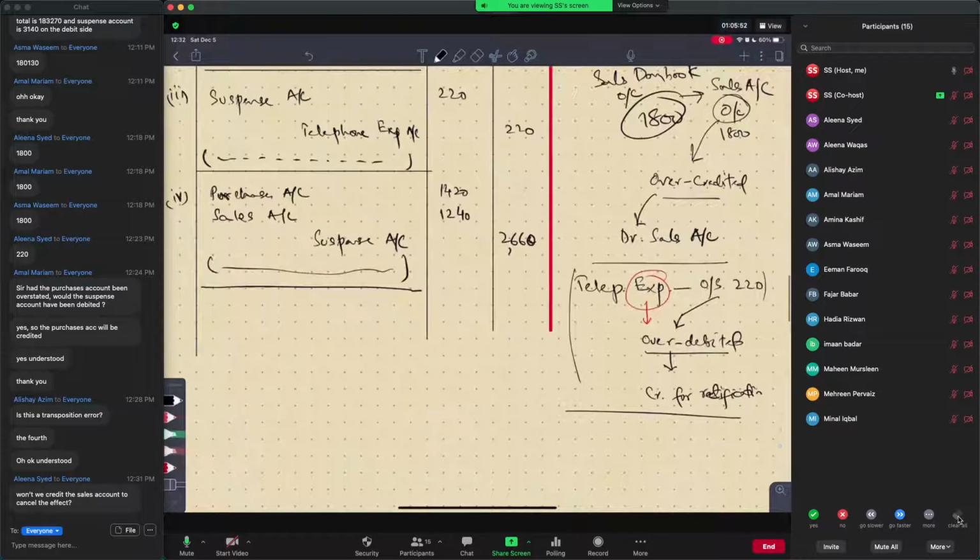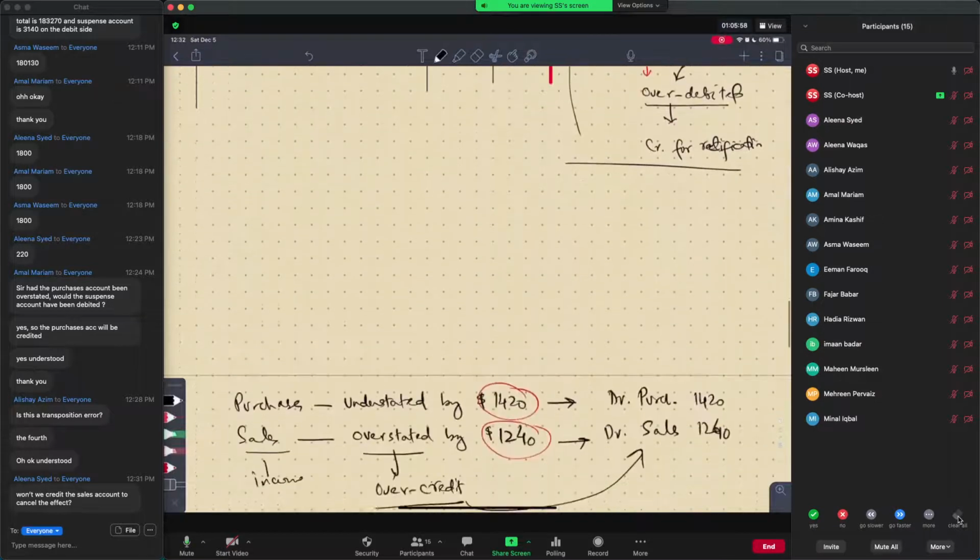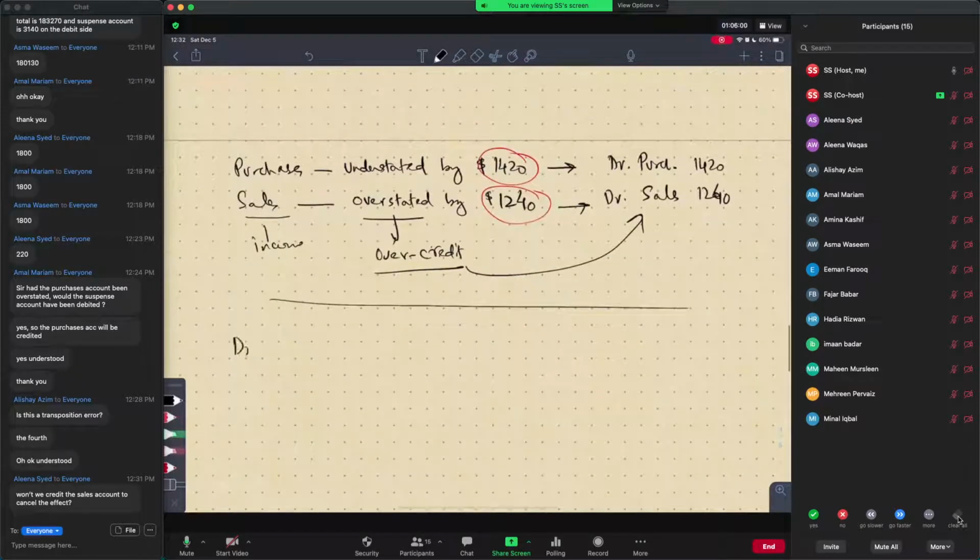The fifth error is that discount received 685 had been debited to discount allowed account. Discount received is an income by nature. Discount allowed is an expense by nature, right?